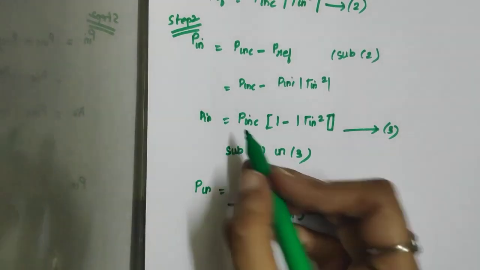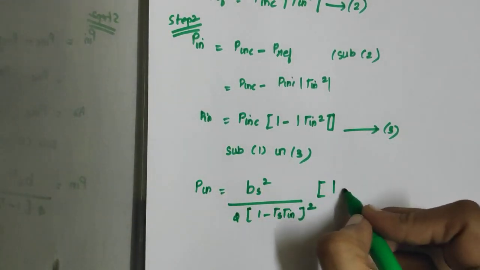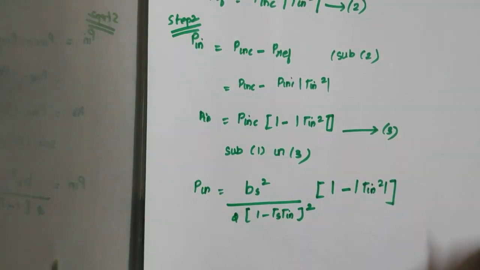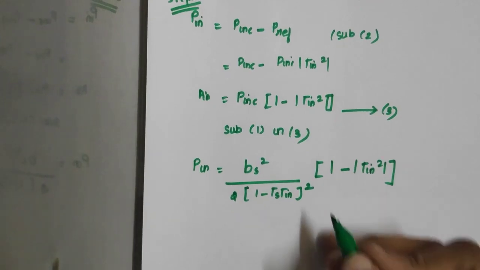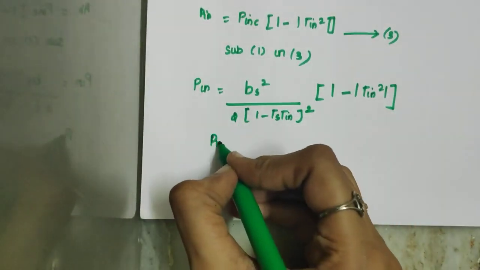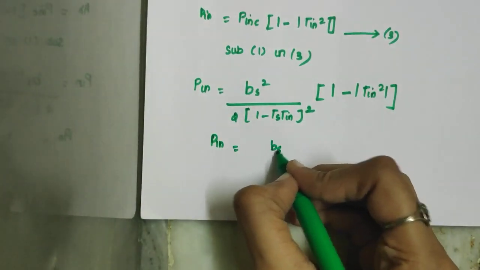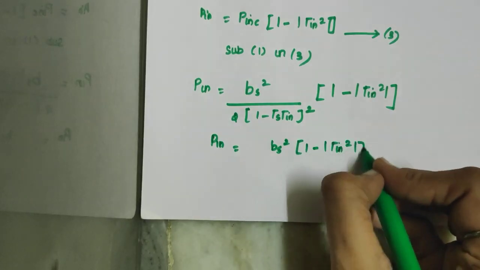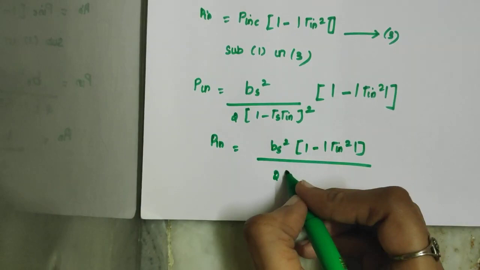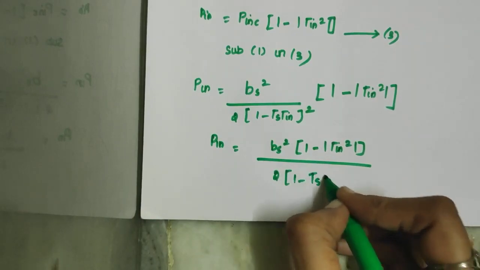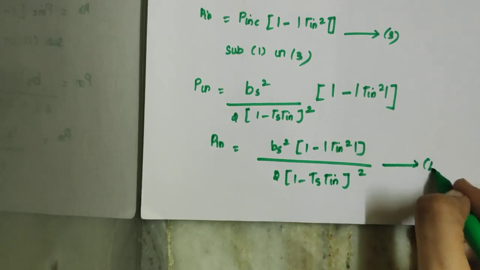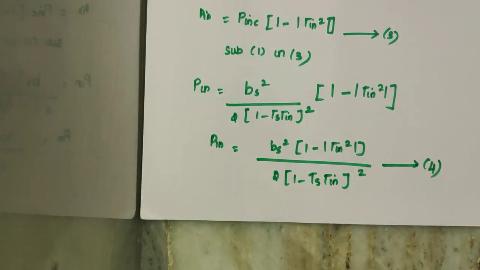This was the value of the incident power, into 1 minus mod of tau in the whole square. So therefore, the input power P input is given as B square into 1 minus mod of tau in square divided by 2 into 1 minus tau s tau in the whole square. Let this be equation number 4.